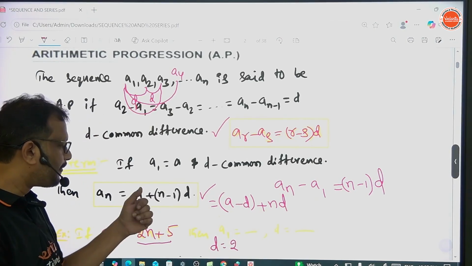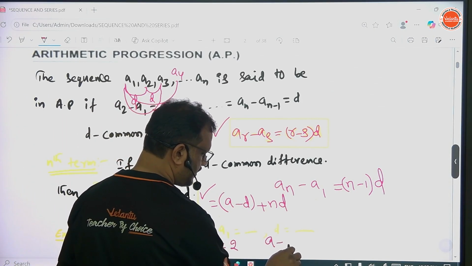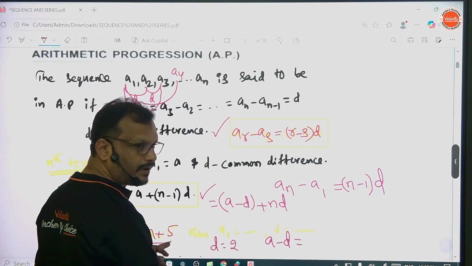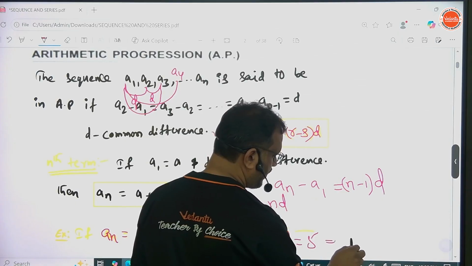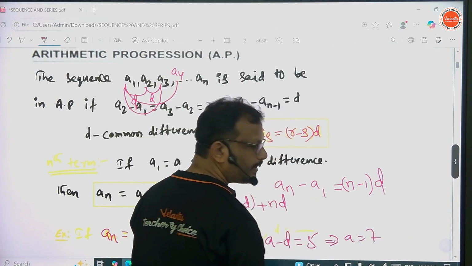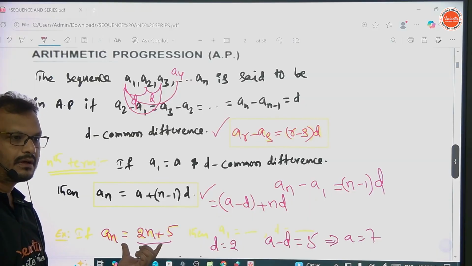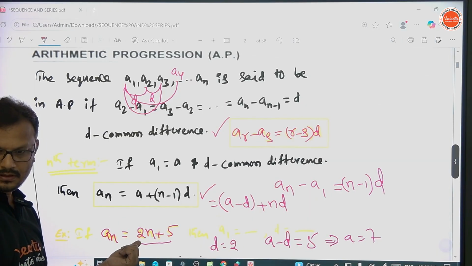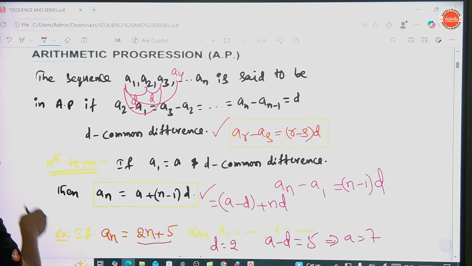What will be the first term now? Based on A minus D equal to 5, finally A will be equal to 7. So if you know the nth term, you are able to find the common difference and the first term. Otherwise, you can substitute directly also. What is the A1 value?